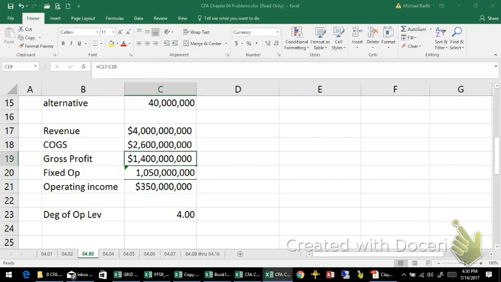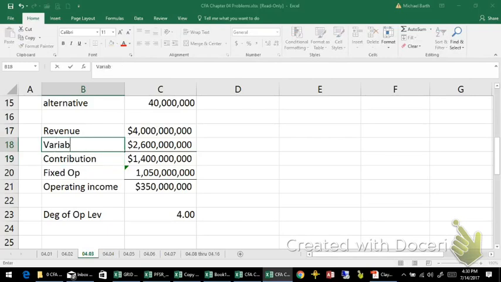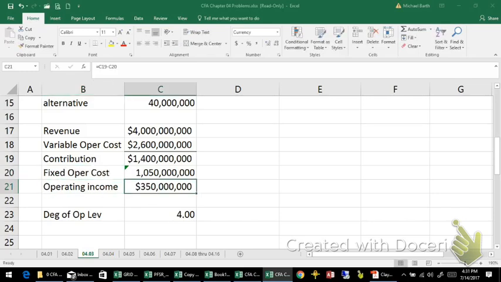So it's actually the relationship between the contribution, the variable operating costs, and the fixed operating costs.